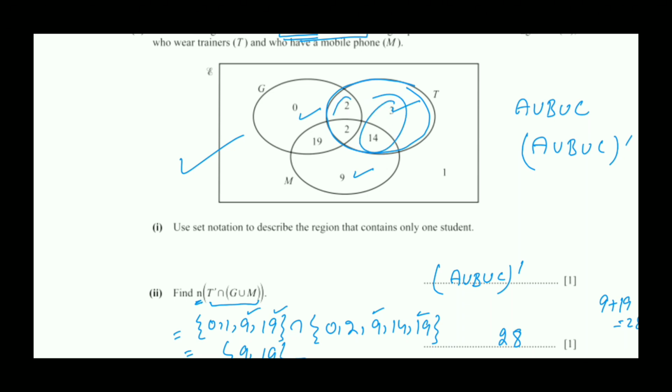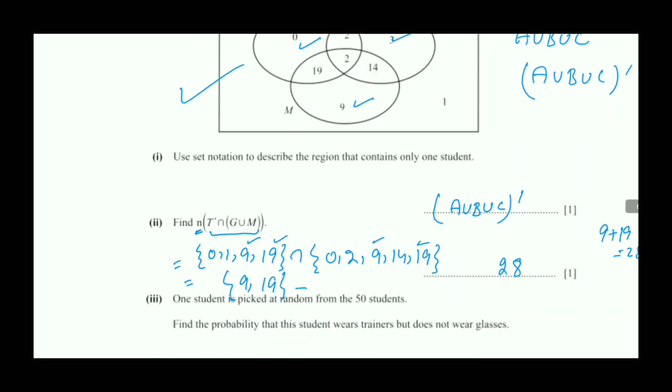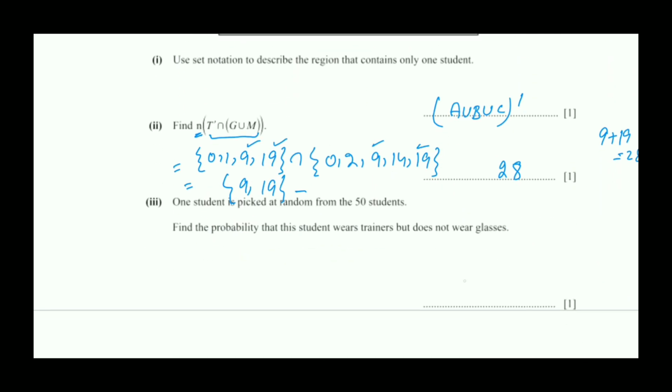These two will not be included as they also wear glasses. So that is 17 and total students are 50. The student is picked at random from the 50 students, so 17 over 50 will be the probability.